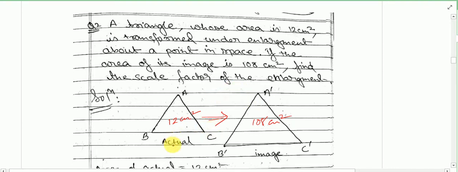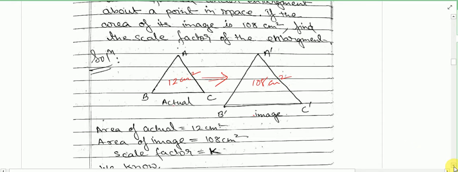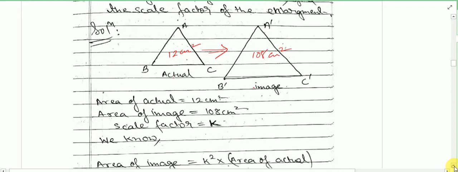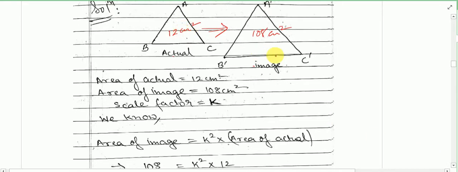So this is the actual, this is the image. So we have to find the scale factor for the enlargement. So see over here, I have drawn the figure. Actual, image, area of the actual 12 centimeter square, area of the image 108 centimeter square, scale factor we don't know, question mark.